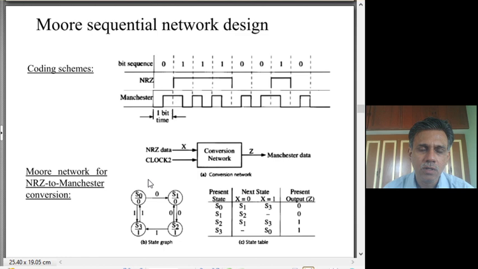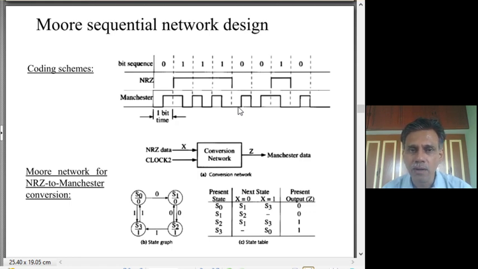Let us assume we have converted a bit, whatever that bit may be, and we are ready to convert a new bit. How do we behave? At the end of one conversion, you may be in a state. The state represents which bit you have outputted recently.